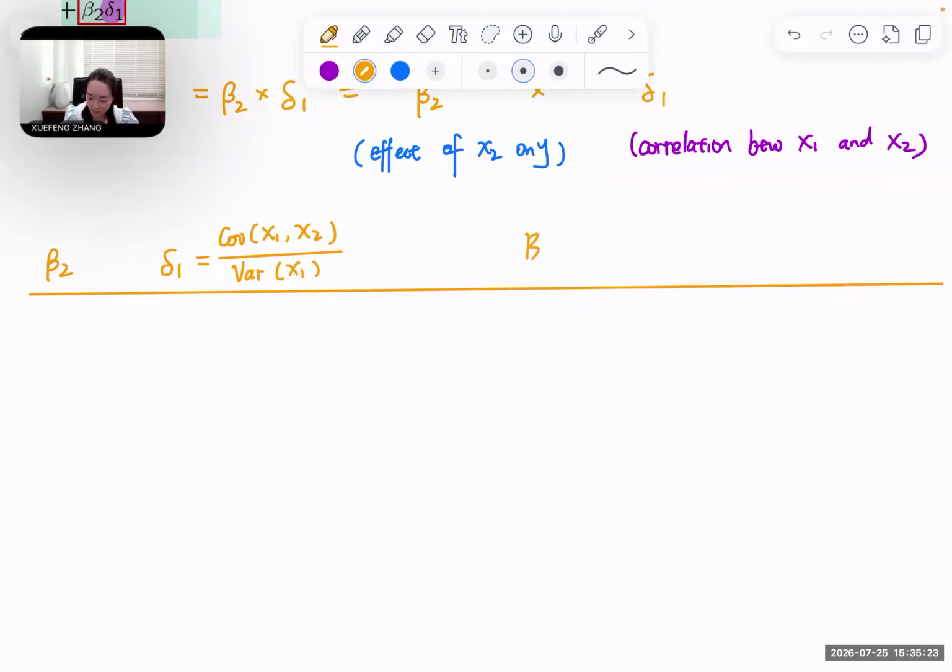Okay, let's see the bias. And let me compare beta 1 delta versus beta 1.